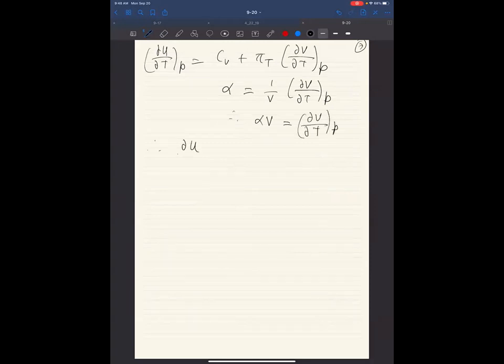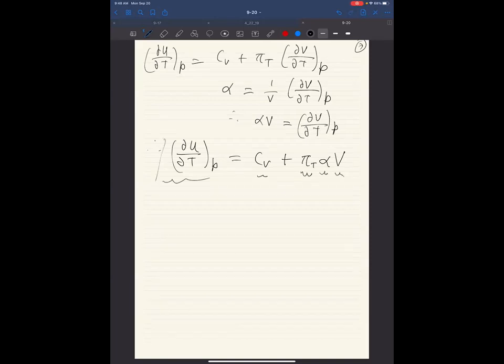Therefore, this thing that you measured, partial U by partial T at constant pressure, is equal to CV plus internal pressure multiplied by thermal expansion multiplied by volume, which is kind of a neat relation, right? You measure something very abstract, which is how the internal energy changes with respect to temperature, and you get the heat capacity, internal pressure, thermal expansion coefficient, and volume.